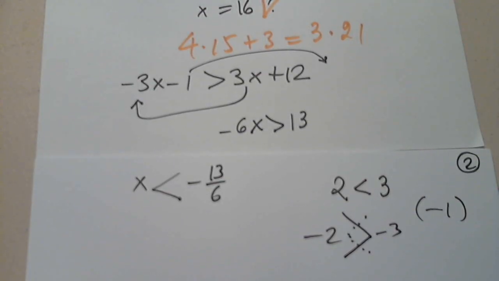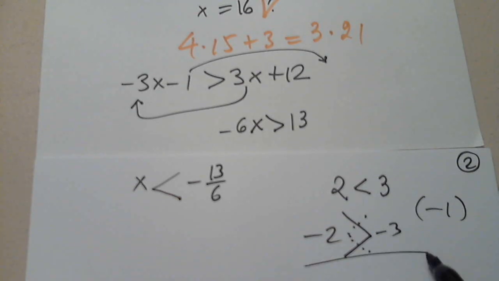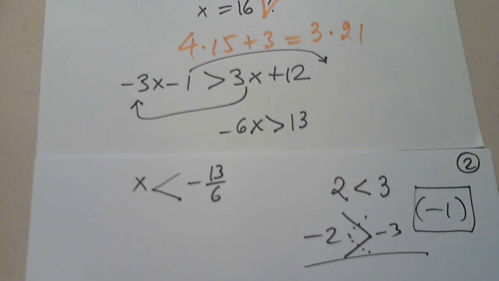That's the reason why we always have to flip from whatever it was, less than or equal to, or just less than, to the opposite, greater than or equal to, because it's no longer valid. Now, if we multiply both sides by a positive number, that stays. This is still true. But only if we multiply or divide by a negative number, we must flip. And only in an inequality, of course.